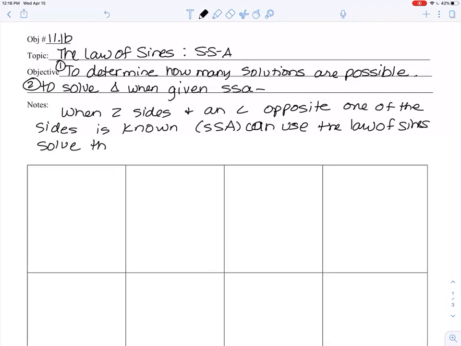However, you also are going to use just the sine of a right triangle to help you to determine this as well.